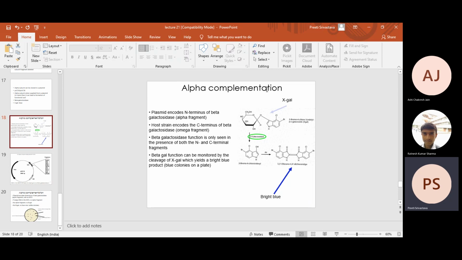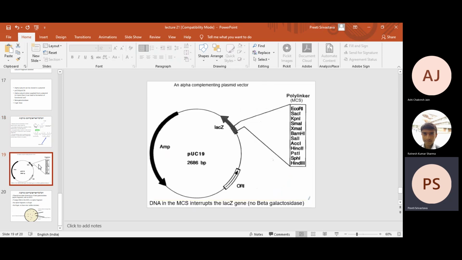Finally you have the omega and alpha combining to form a functional beta galactosidase. That is why PUC19 or PUC18 are called alpha complementing plasmid vectors.